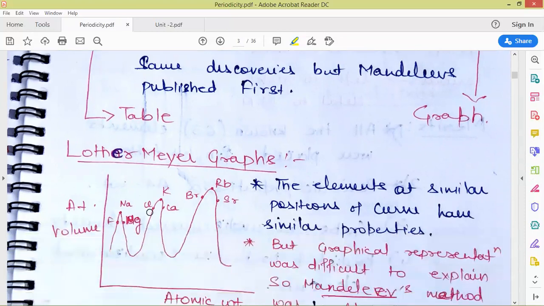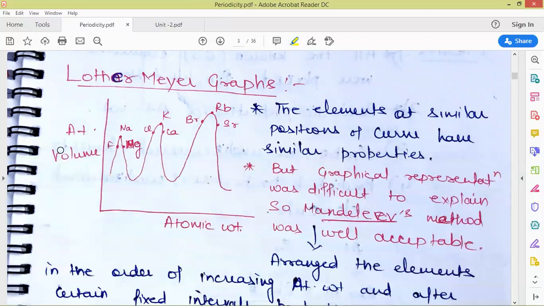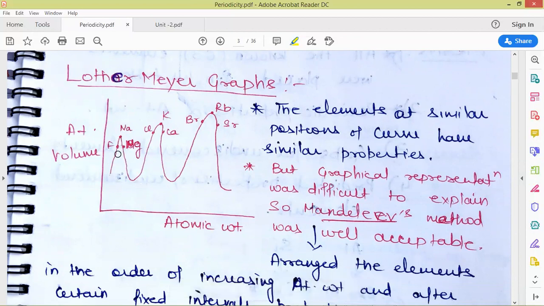Let's first see what Lothar Meyer proposed. He arranged the elements in the form of atomic volume versus atomic weight. It was a graphical arrangement, and he proposed that every period in the periodic table makes a peak, and the elements occupying the same peak positions have the same properties, which means they can be arranged in one group.